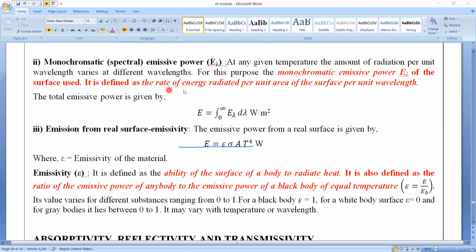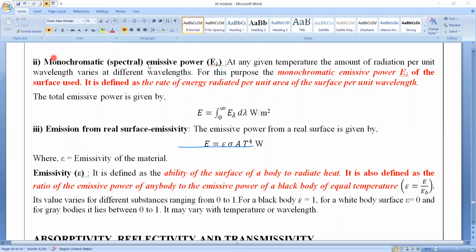It is defined as the rate of energy radiated per unit area of the surface per unit wavelength. Remember students, the energy emitted by the body purely depends on the wavelength of the radiation. So how to define the monochromatic or single wavelength?